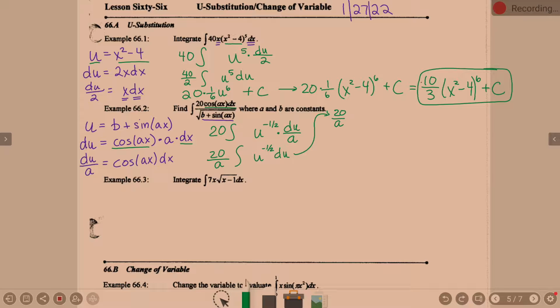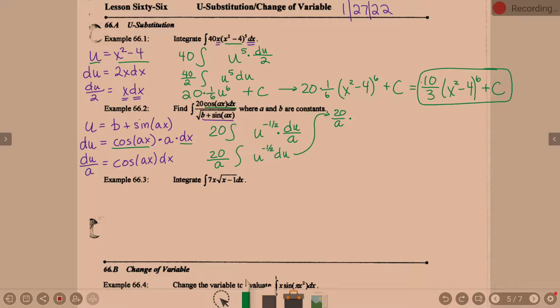20 over a stays out front. What is the integral of u to the negative 1/2? It's 2u to the 1/2. Are we all okay with that?